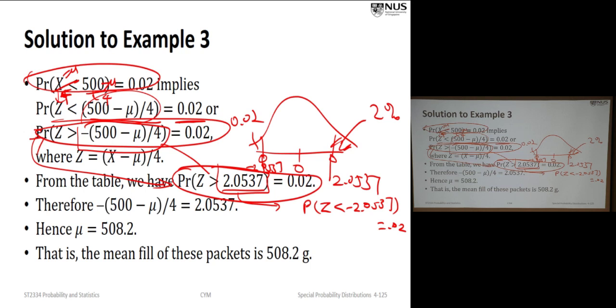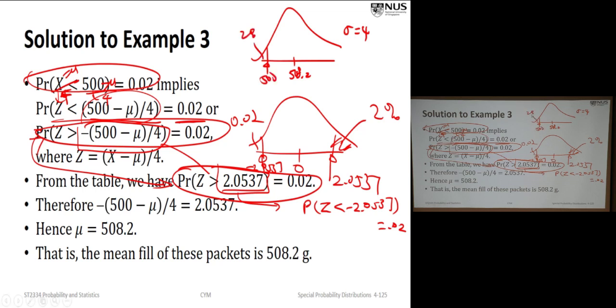How to make the mu smaller such that the percentage of less than 500 stays small? Yeah, decrease the variation. Think of it like this. This is 508.2, the mean, the standard deviation is 4. So this is 500 and this is 2%, all right?